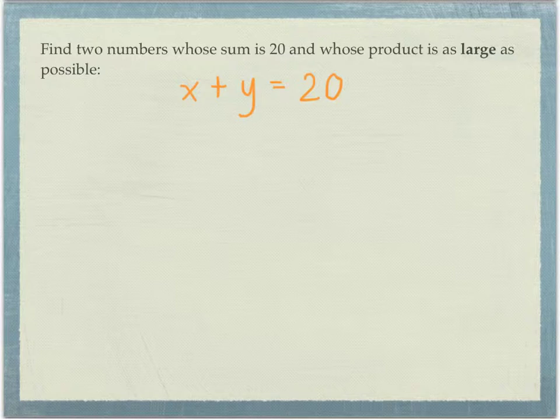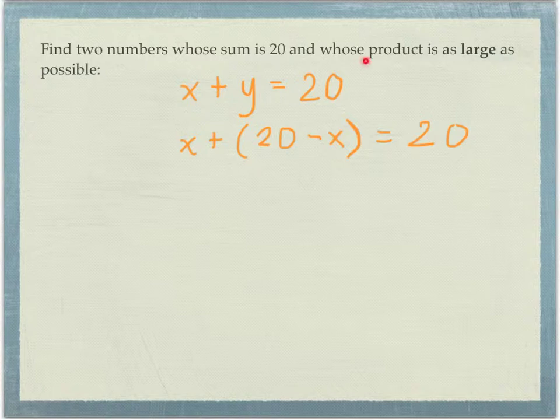So, can we think of a way to write a sum of two numbers that equal 20? Perhaps it might look something like this. If one of them is x, then the other one we could think of as 20 minus x. And obviously if you add these two expressions together, the x's will cancel out and I'll get just plain 20.